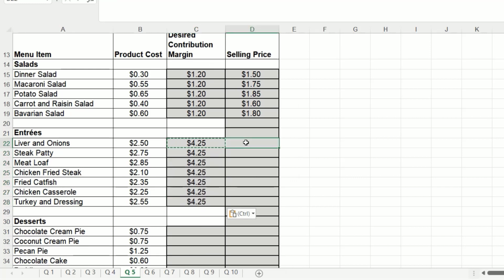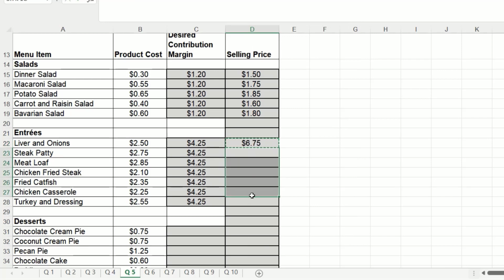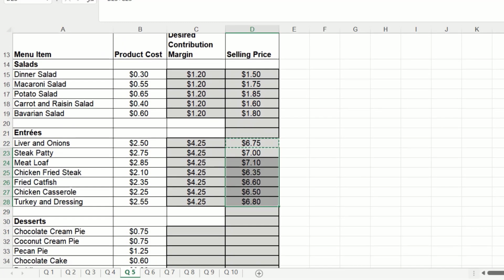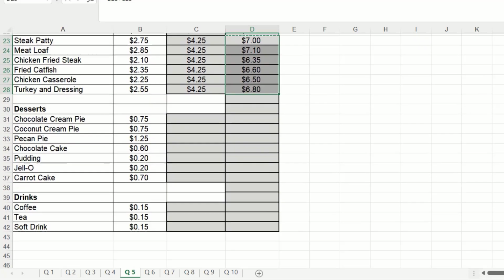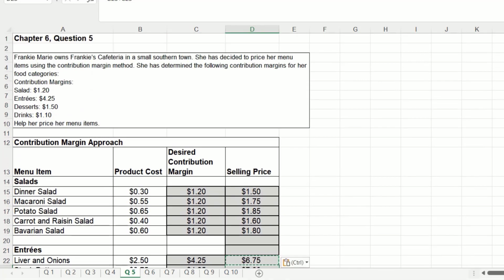Again, we take our product cost and add that to our contribution margin to get our pricing. And we'll go all the way down this chart. We can also see that for our desserts we're adding $1.50, and for our drinks we're contributing $1.10. So that's how you would come up with those prices if you used this method.